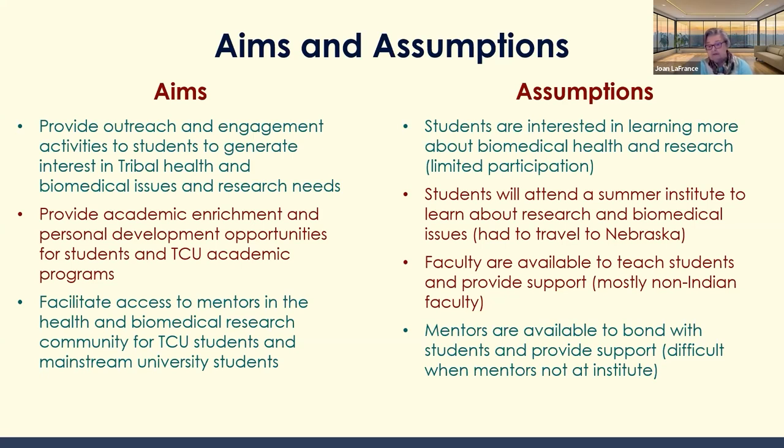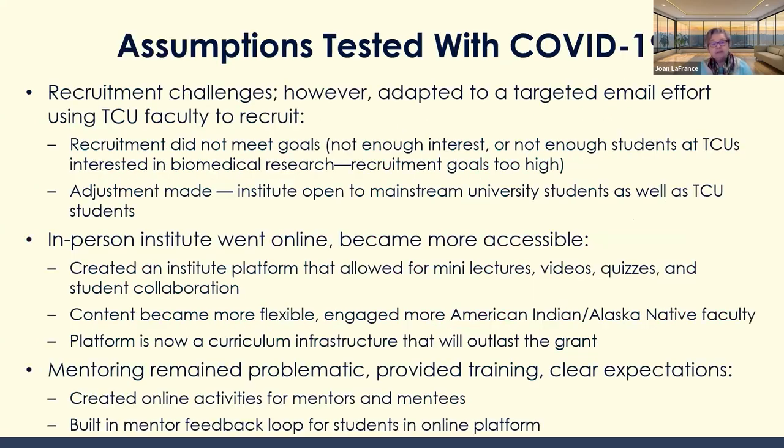We did find faculty, but they were mostly non-Indian faculty. And it was difficult for the faculty to build a mentoring relationship, to bond, when members were not at the institute. So we really had a lot that we had to do to revisit it.